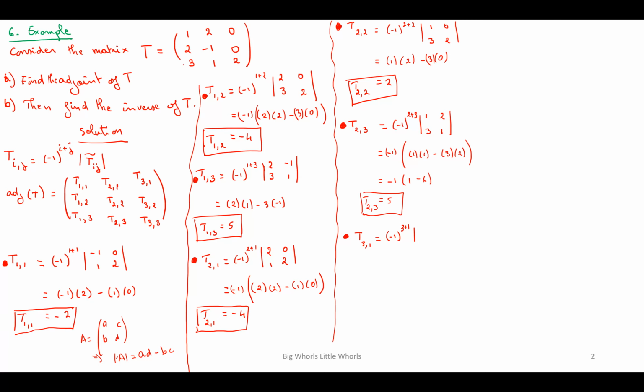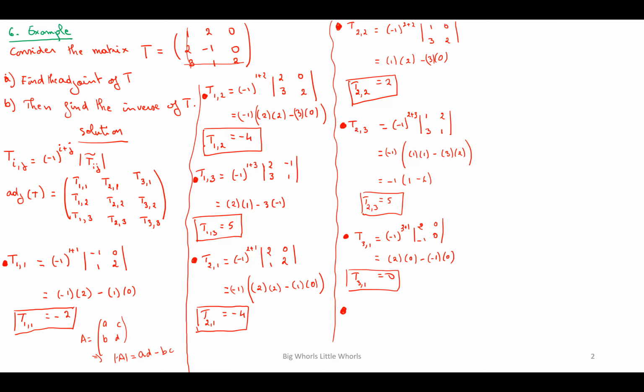We delete the third row and first column, we will be left with 2, minus 1, 0, 0, and minus 1 to the power of 4 is going to be 1. We have 2 multiplied by 0 minus 1 multiplied by 0, which is 0. T31 is equal to 0.